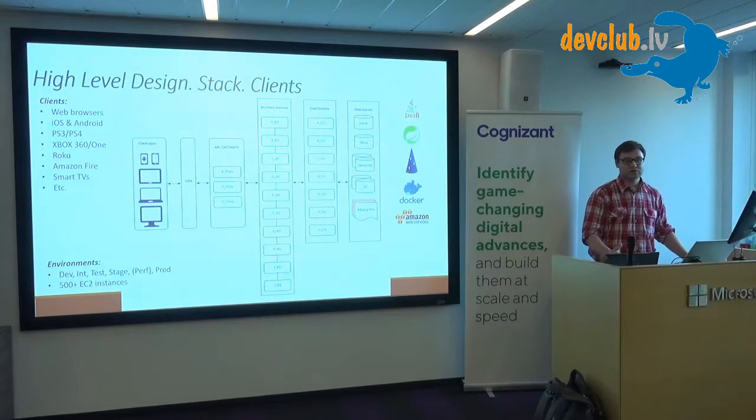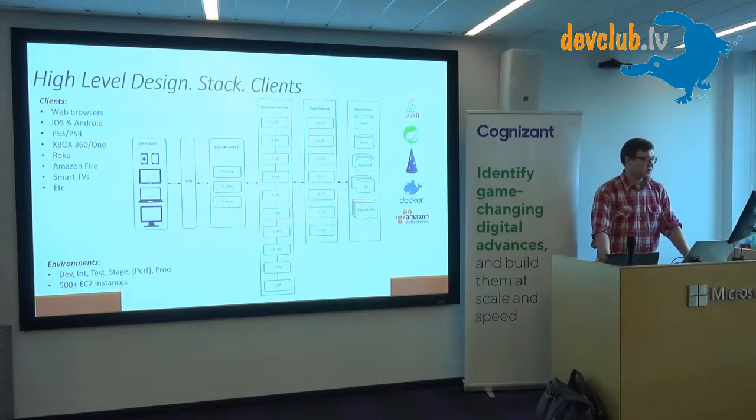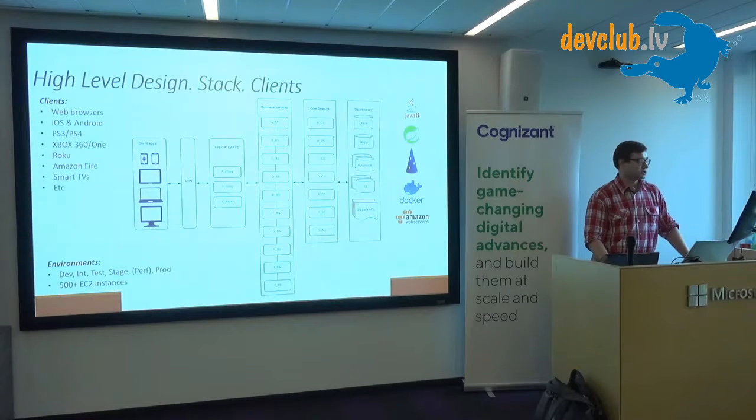We have core services, just simple Java 8 applications that fetch data from our databases or sources. Then there are business services where our logic is processed. Everything is just REST API applications running on EC2, on Docker, with Dropwizard and Spring Boot applications.